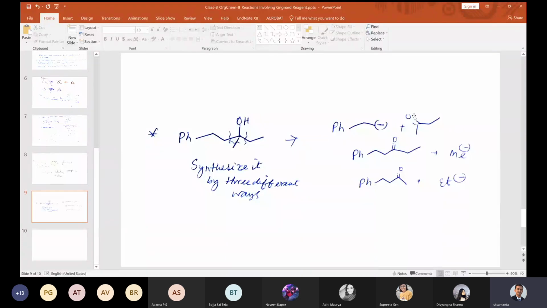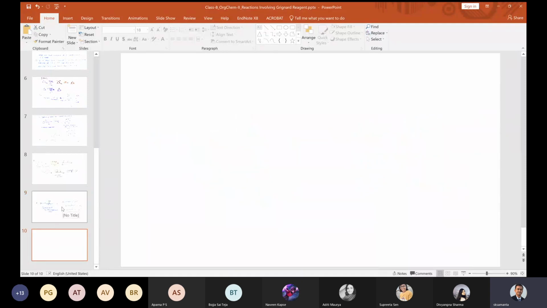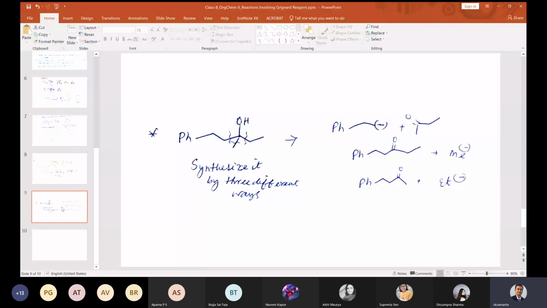Then you show these three different procedures. Then you do the forward arrow and do the reaction using proper starting material, reagent and conditions. Okay, we will stop here today.